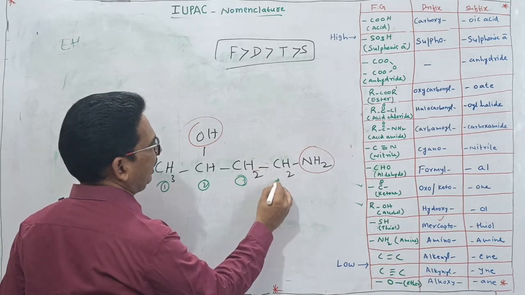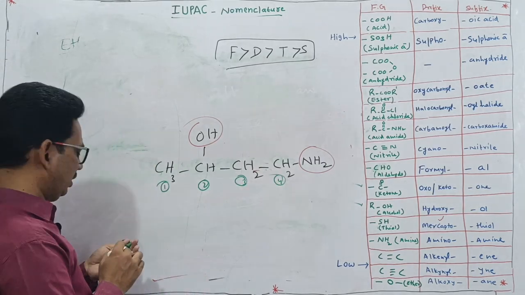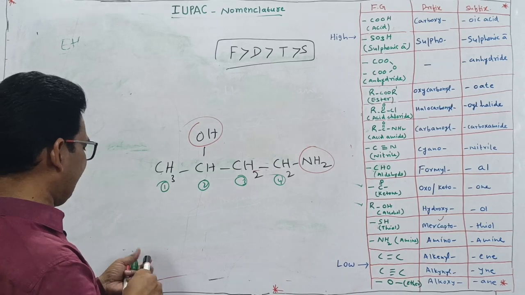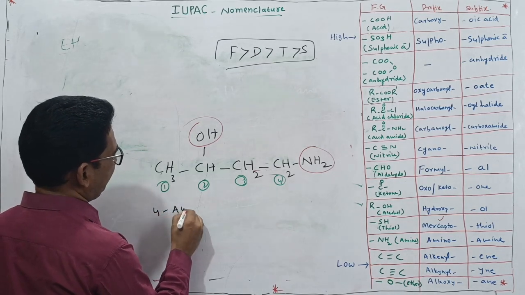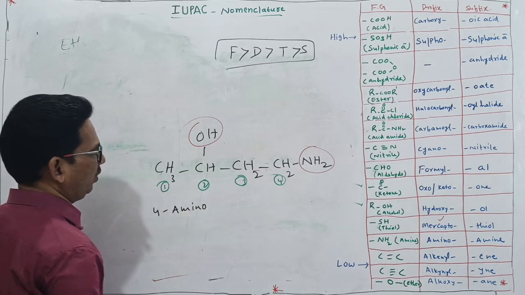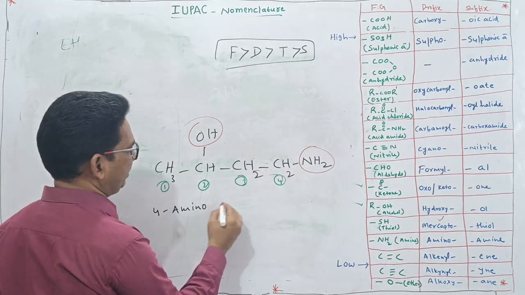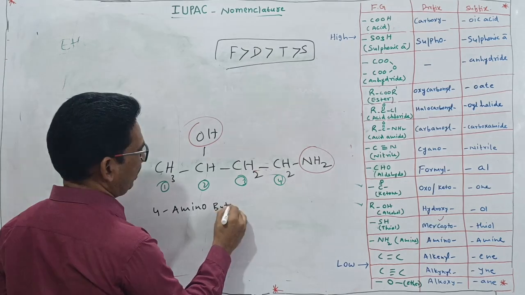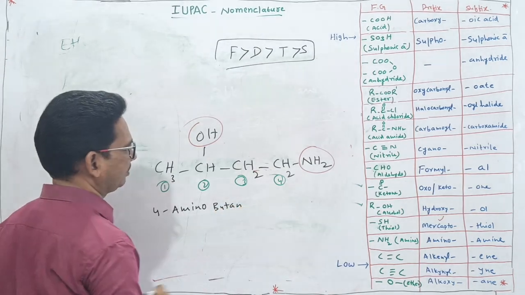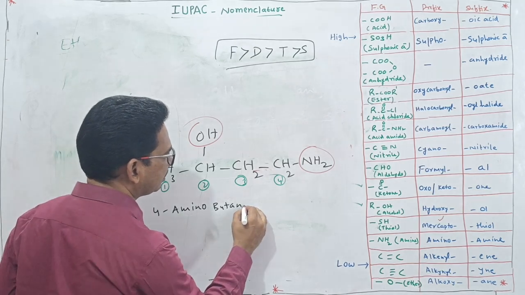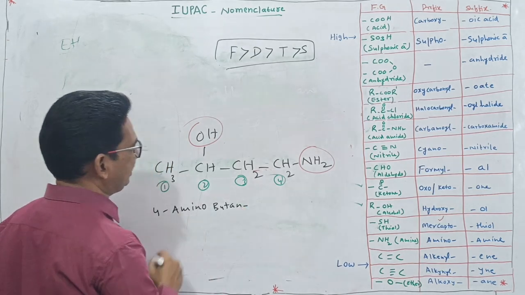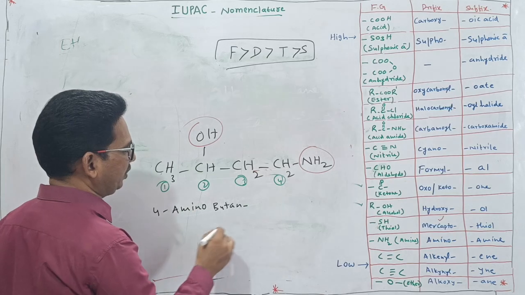2, 3, 4. Now, amine we are writing as the prefix, amino. Which position? 4th position. 4-amino. Then how many carbons does it have? 4 carbons. Butane. Then at which position is the hydroxy group? Second position.